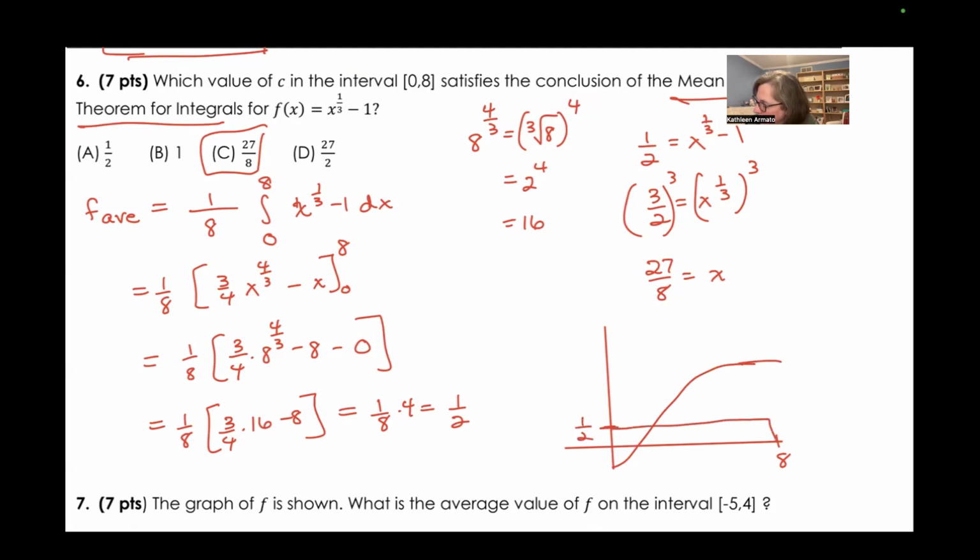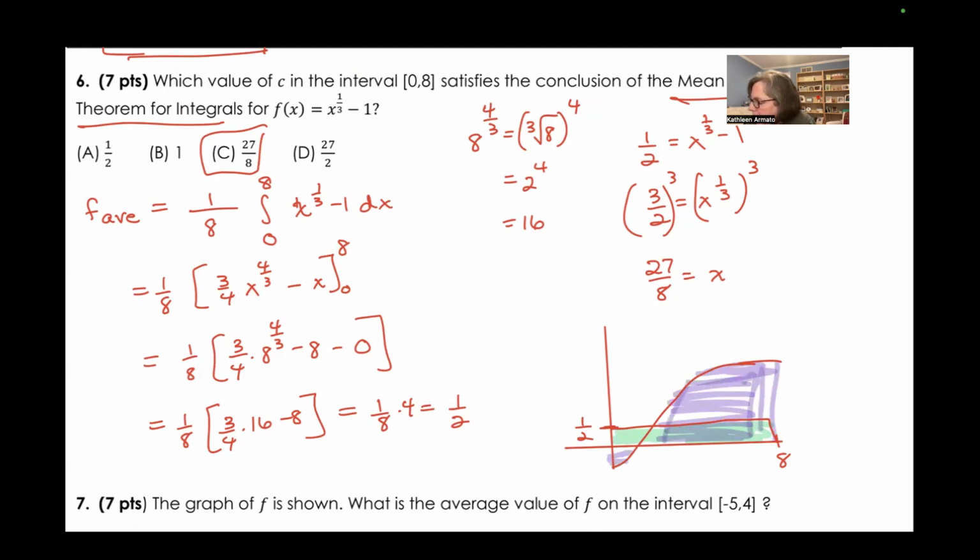And so it's like, okay, this area would equal that area.